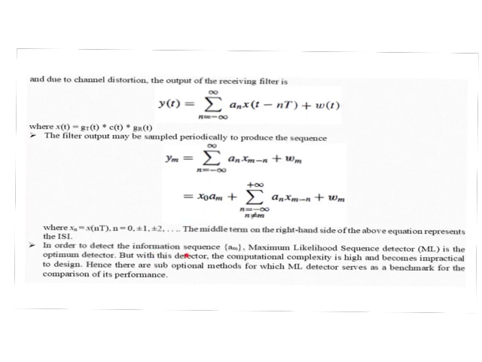In order to detect the information sequence a m, we can use a maximum likelihood sequence detector, because this is an optimum detector. But with this detector, the computational complexity is very high, and practically speaking it is very difficult to design.